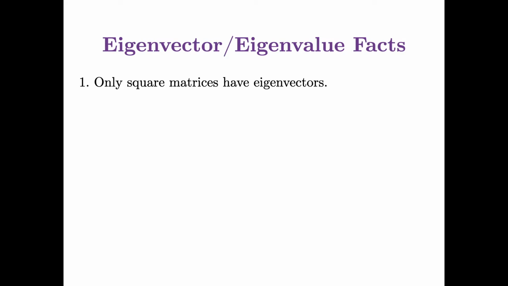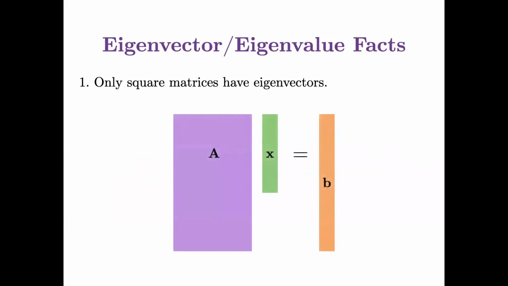The easiest way to explore this is just to consider what would happen if we used a rectangular matrix A. If A is m by n, m not equal to n, of course, then the matrix X must be n by 1, which would make the resultant B m by 1. So here, X and B don't live in the same space, and it's impossible for B to be a scalar multiple of X.